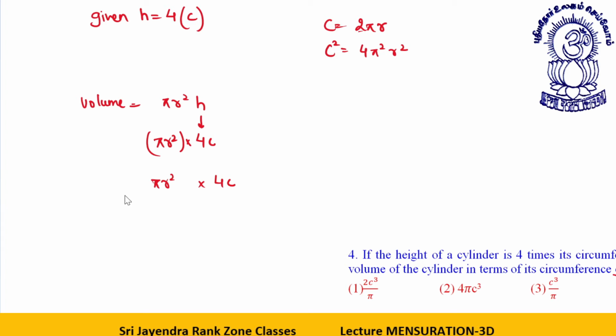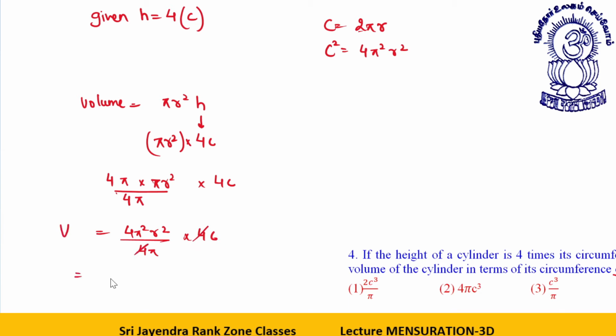What I will do is multiply this pi r square by, I need a pi, I will put a pi over here. I need a 4, I will put a 4 over here. Now this will give me what? 4 pi square r square by 4 pi into 4c. 4 and 4 cancel.